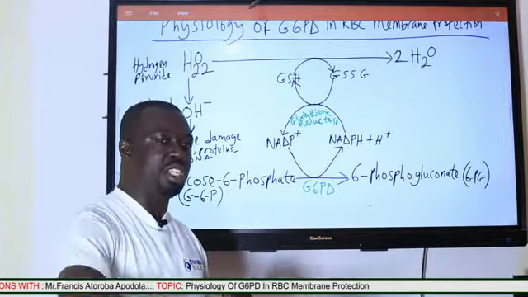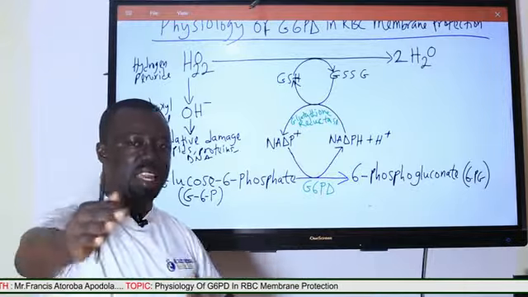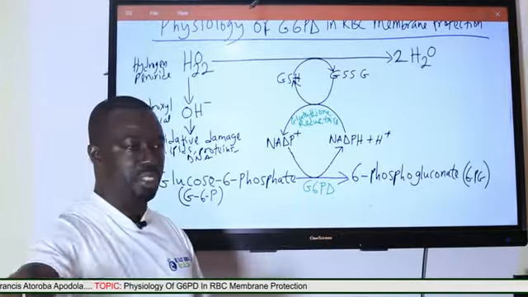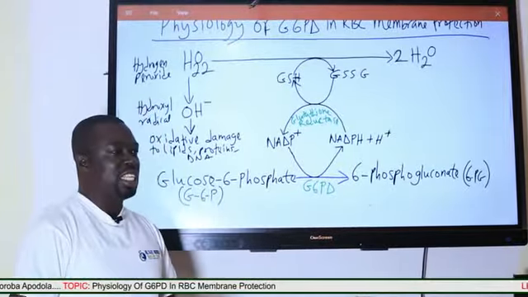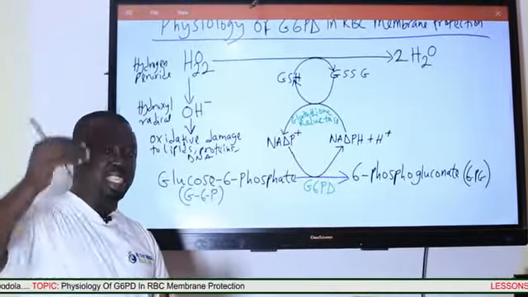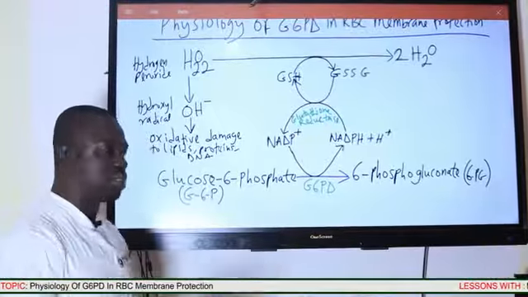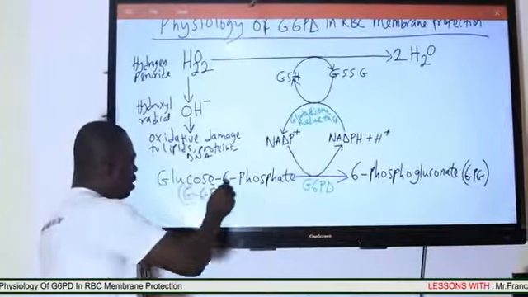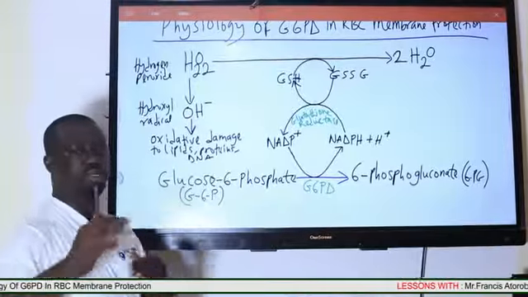So a dehydrogenation reaction is catalyzed by a dehydrogenase. Now, the enzyme is named after the type of reaction and the substrate. The substrate in this context is glucose 6-phosphate.